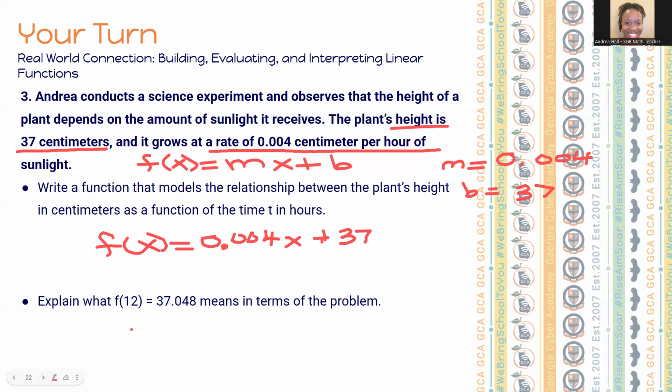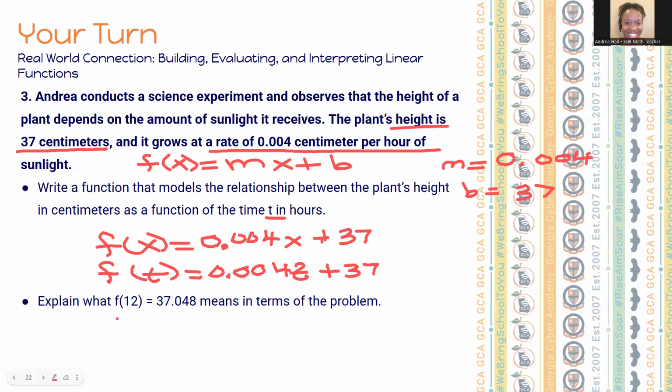All right, and that's it. Oh, they said in terms of t hours. My bad. I knew there was some variable there. So redo: f of t equals 0.004 t plus 37. Okay, that's my fancy t, so you don't think it's a plus. They did say t hours.